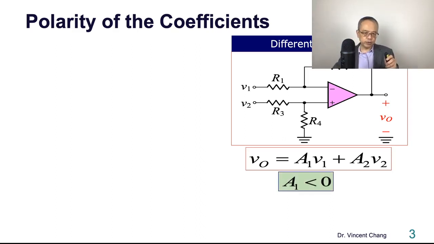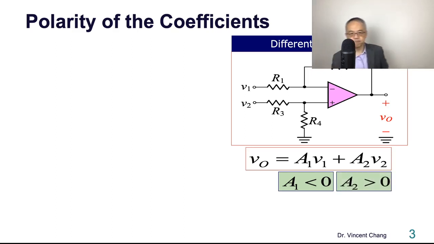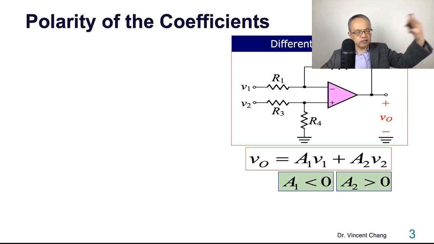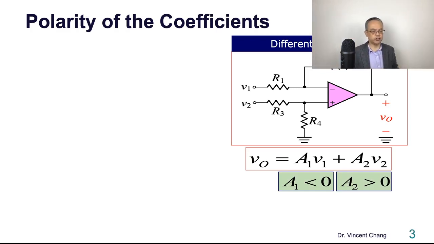And A2 is the coefficient of V2, coming in through the non-inverting, the positive terminal. So A2 should be positive. So if you are given random numbers for the four resistors, it could be negative 1 V1 plus 3 V2, or negative 5 V1 plus 4 V2.